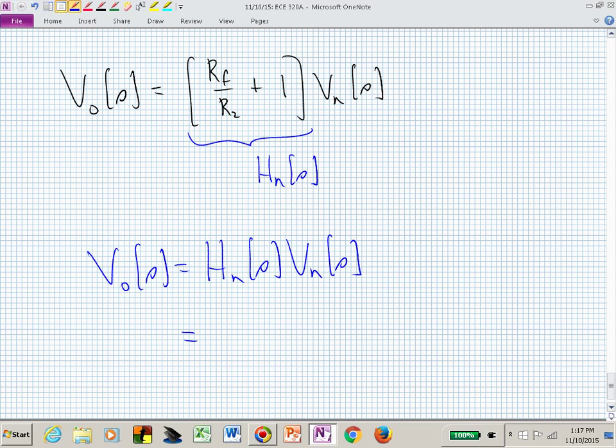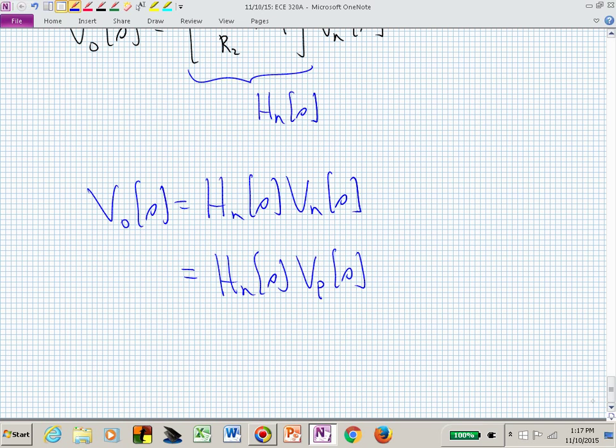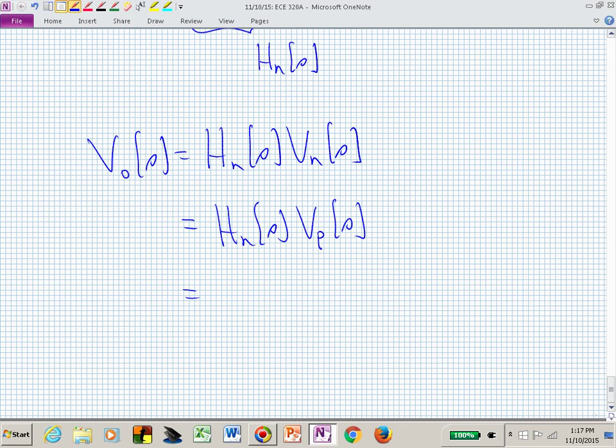Because of negative feedback, those are essentially the same voltage. I can now rewrite this as h sub n of s times V sub p of s. But I already have a formula for V sub p in terms of the real input, which is V sub g. I can now say this is h sub n of s times h sub p of s times V sub g of s.